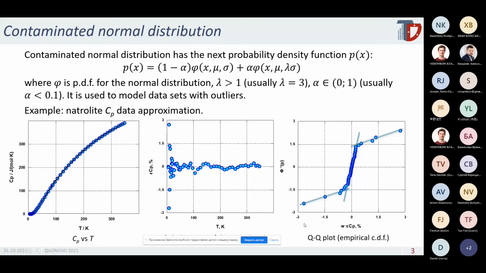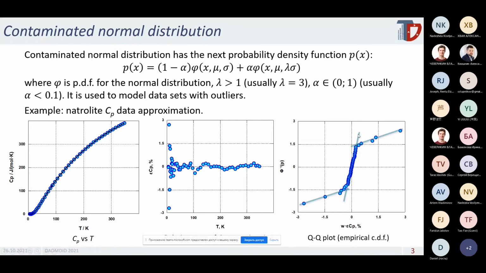visualization based on the empirical cumulative distribution function that is on the right of this slide. The x-axis is our relative deviations, and the vertical y-axis is the fraction of points that have the relative deviation below it, in special coordinates.